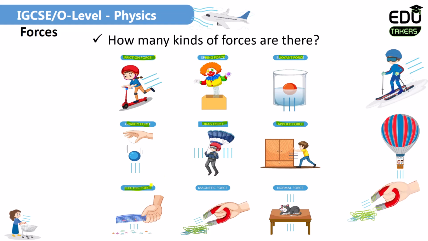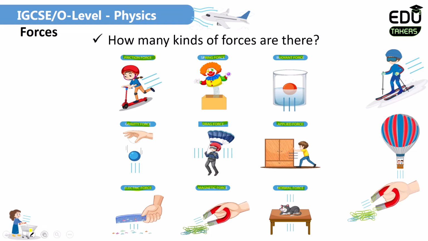The electric force. This force is basically related with the charges. So the electric force basically shows the attraction or repulsion of the charges. Next is the magnetic force. The magnetic force is present between the magnets. And normal force. The normal force acts on any object normally to it, meaning that this force makes an angle of 90 degrees with the object.